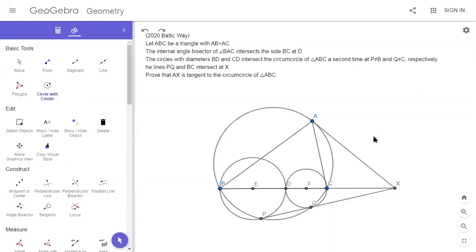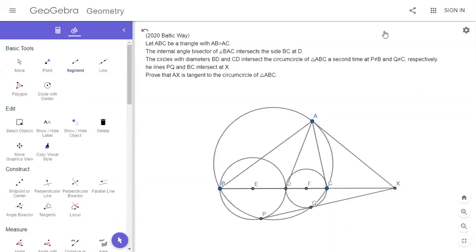So maybe some polar, just thinking. So we want to show XD squared is XC times XB. Yeah, I should draw an angle bisector. So I've kind of just left that out.